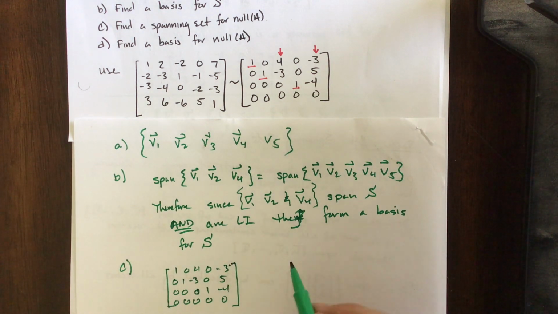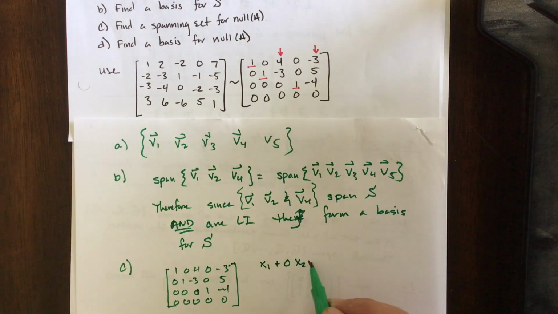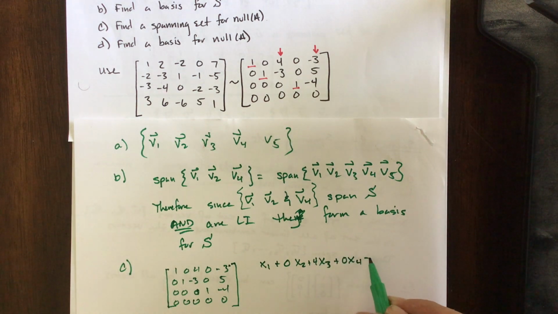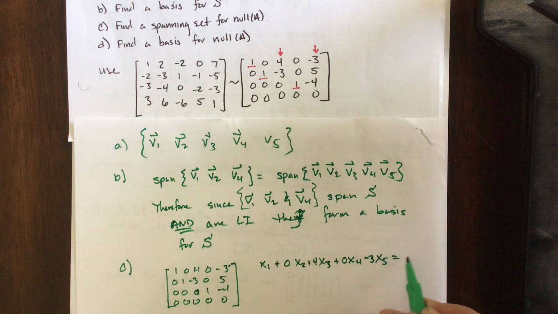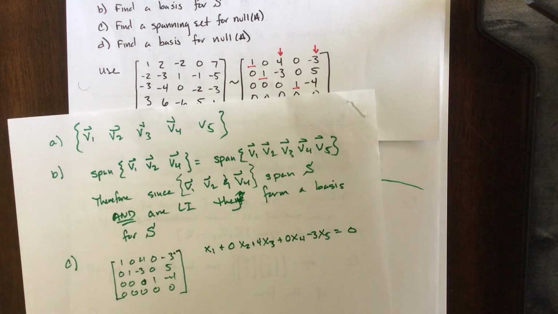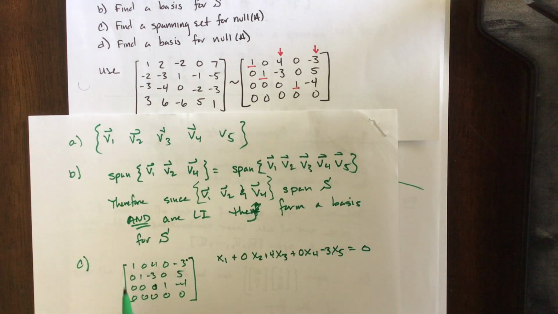Remember, this corresponds to the equations x1 plus 0x2 plus 4x3 plus 0x4 minus 3x5 equals 0. Just looking at the first row only.